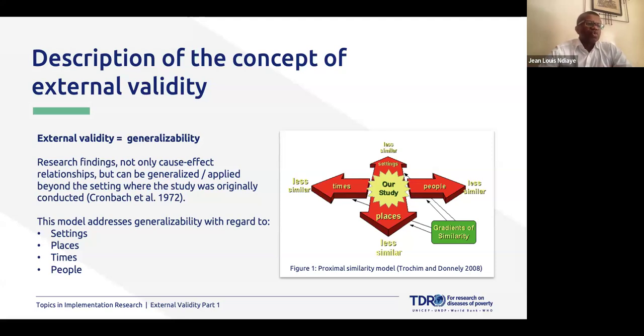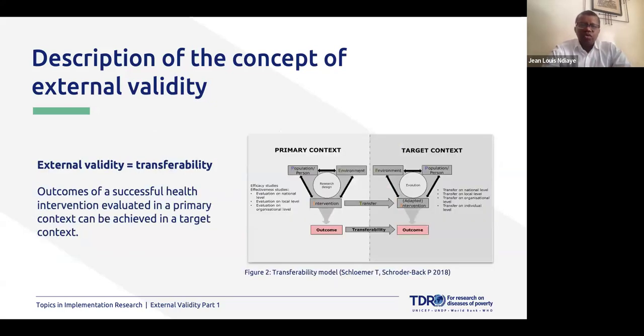The researchers would like to generalize this finding from this particular setting of rural Niger. Can it be generalized if we do the same study in Indonesia, for example, where you have a different setting, different socioeconomic status, different communities, rainy season, times? These are the different factors that could be included in generalizability.